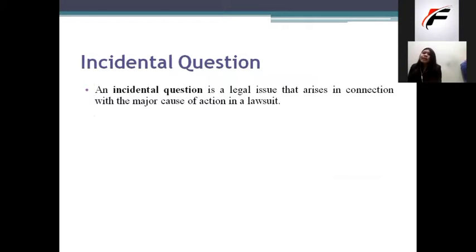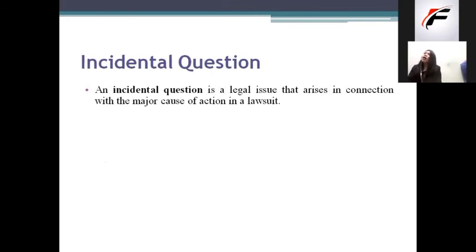Next is incidental question. An incidental question is a legal issue that arises in connection with the major cause of action in a lawsuit. So when we find the characterization and then the connecting factor, we may have an incidental question.